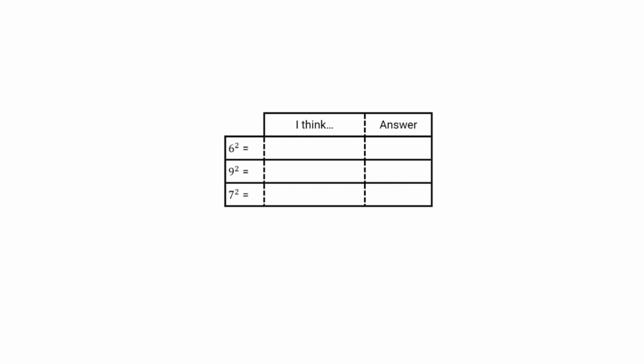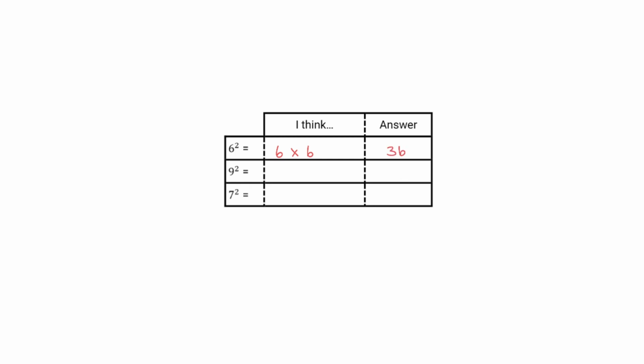Now remember, squaring a number means to multiply the number by itself. It doesn't mean times 2. So when you see a sum like this, squaring, to find the answer in your mind, for this first one, 6 squared, you're thinking 6 times 6. That's how you work out the answer. And we know that 6 times 6 is 36.